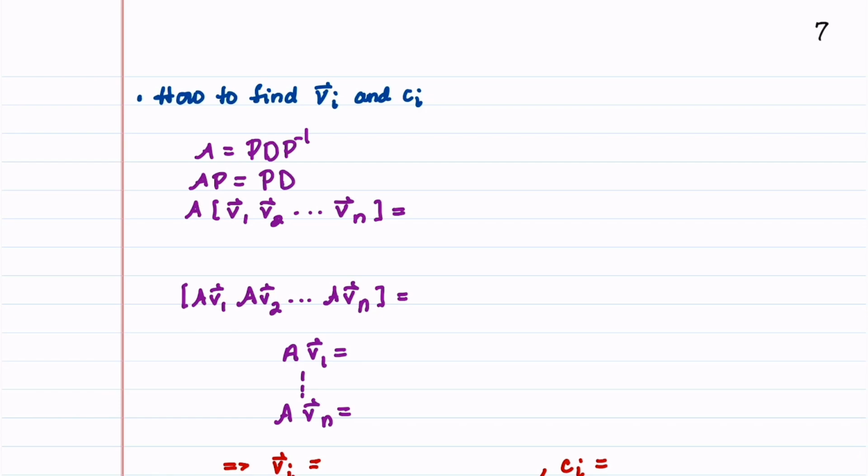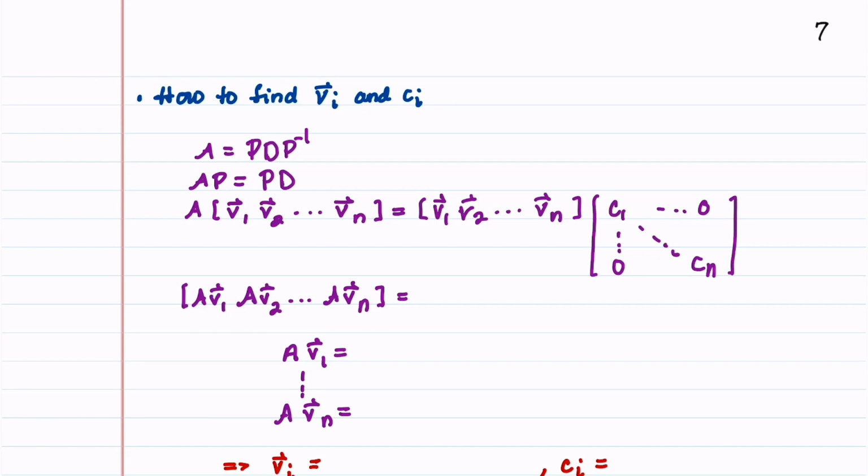I've already done that on the left. Let's do that on the right. In fact, on the right, we can plug in both P and D. So our P is our V1, V2, all the way up through Vn, and our D is our diagonal matrix C1 all the way to Cn, and then 0 elsewhere.